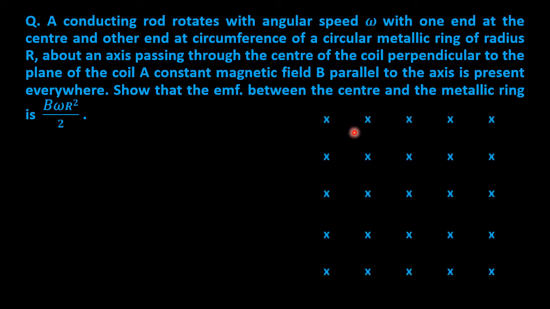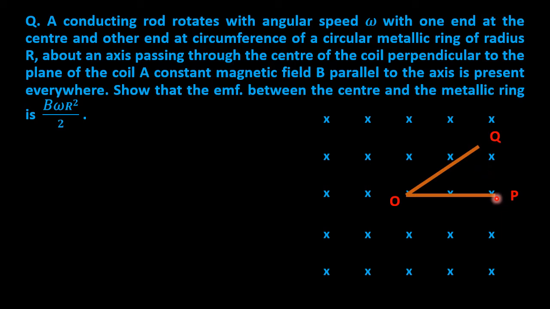So here we consider a uniform magnetic field, and a conducting rod having length OP. Keeping this end O fixed, P is being rotated, and after some time, let's say it will reach somewhere here. So this is the position of the rod at any time t.